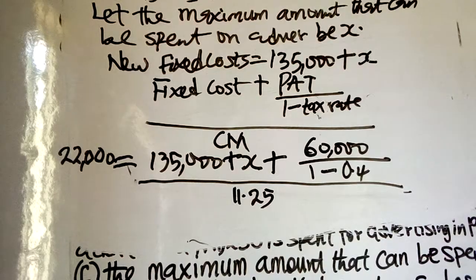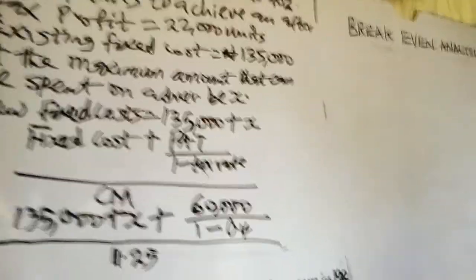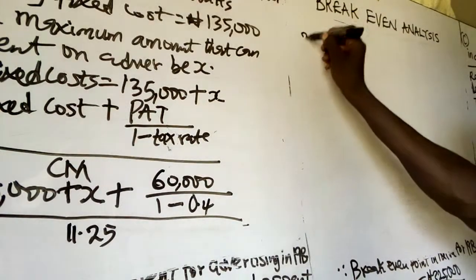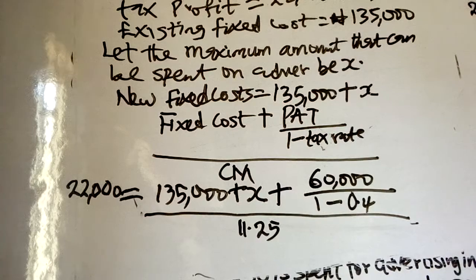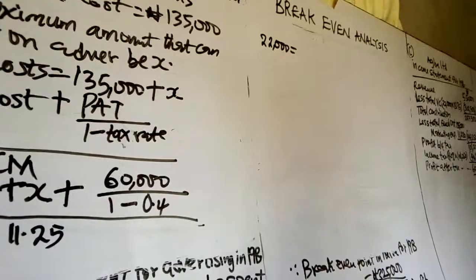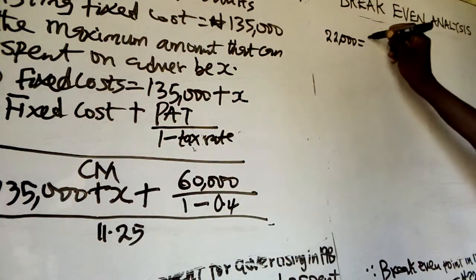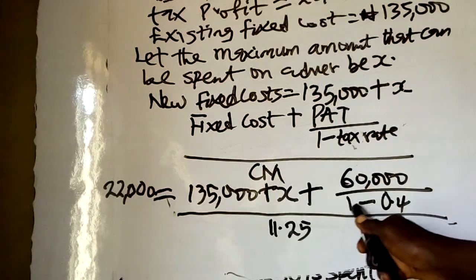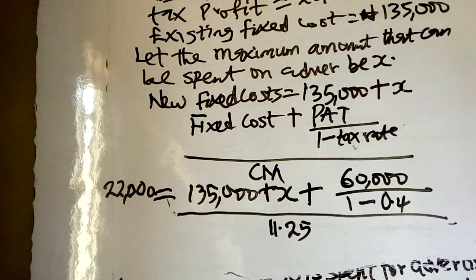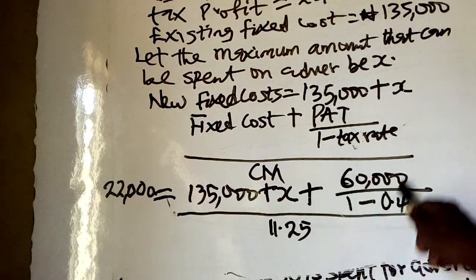We have 22,000 equals 135,000 plus X plus 60,000 divided by 1 minus 0.4, which gives us 0.6. 60,000 divided by 0.6 gives us 100,000.